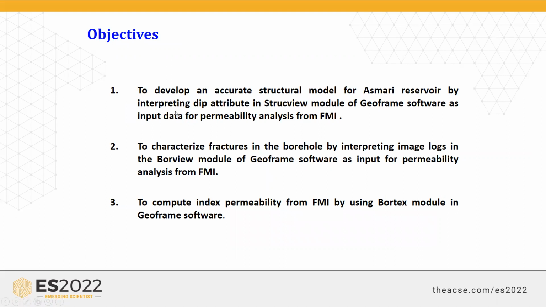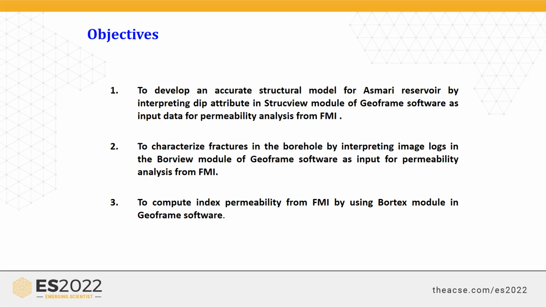So our main objective is to develop an accurate structural model for the Asmari fracture reservoir by interpreting dip attributes in StructView as the input data for permeability analysis of FMI.